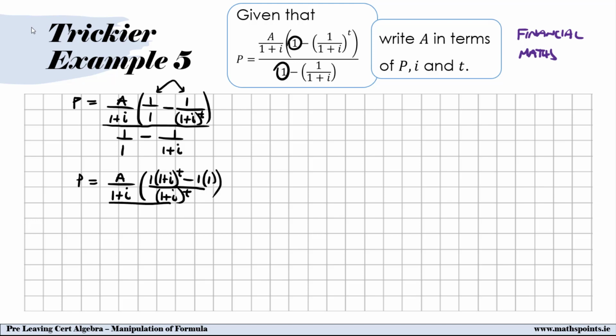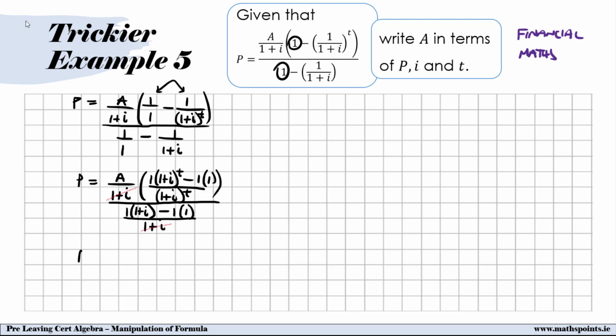I'm going to find a common denominator on the bottom as well. So I have a common denominator of 1 plus I. 1 into 1 plus I goes 1 plus I times, so I'm going to multiply 1 by 1 plus I. Minus 1 plus I into 1 plus I goes 1 time, and I'm going to multiply that by 1. So the numerator and the denominator both have this 1 plus I, and so we can cancel that.